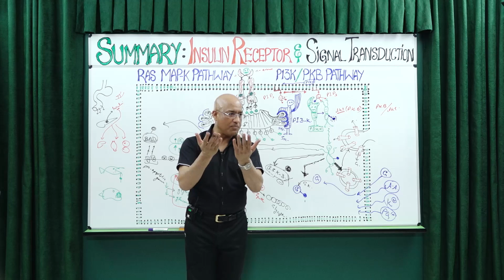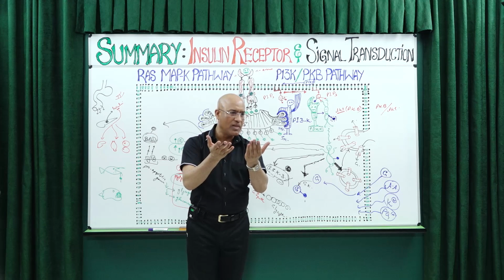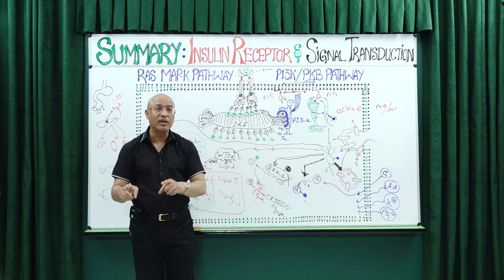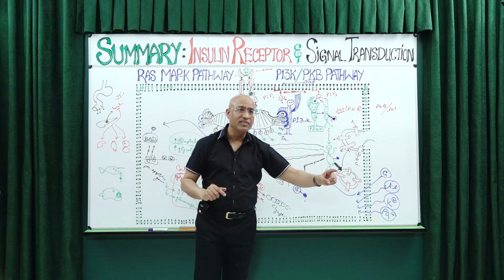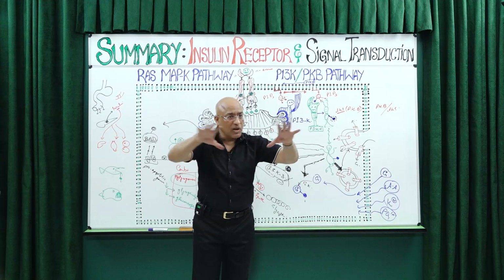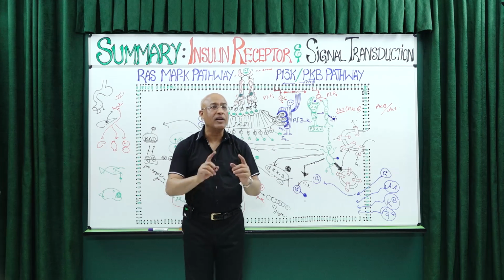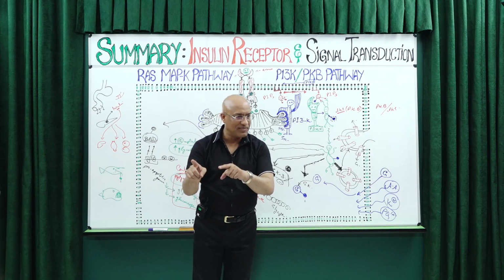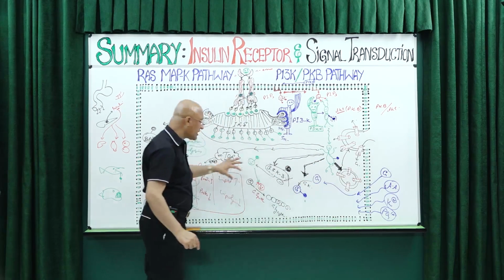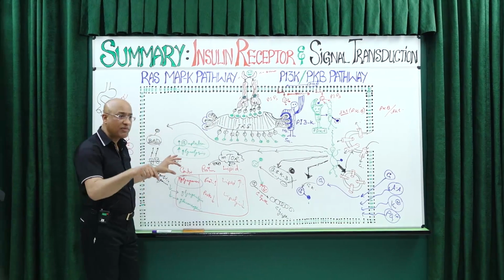Synthesis should go up, and lipid synthesis should go up. So membrane characteristics are altered and metabolism is also altered. Membrane characteristics were altered within seconds to minutes, but metabolic or enzyme activity is altered over minutes to hours.